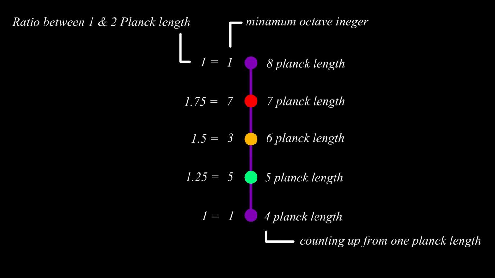Notice how the numbers are actually reduced to ratios simply by dividing them by 2 until the ratio falls in between the numbers of 1 and 2. 5 divided by 2 until you obtain a ratio of 1.25. 3 divided by 2 to obtain a ratio of 1.5, and 7 divided by 2 to obtain a ratio of 1.75.